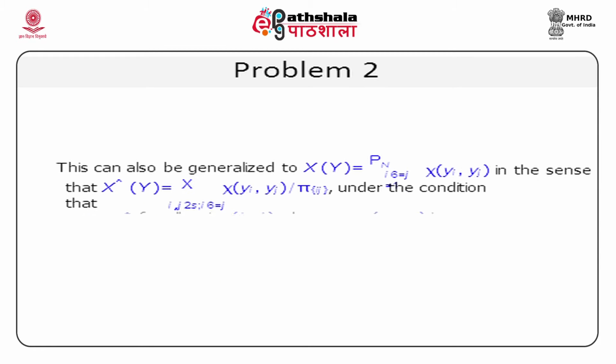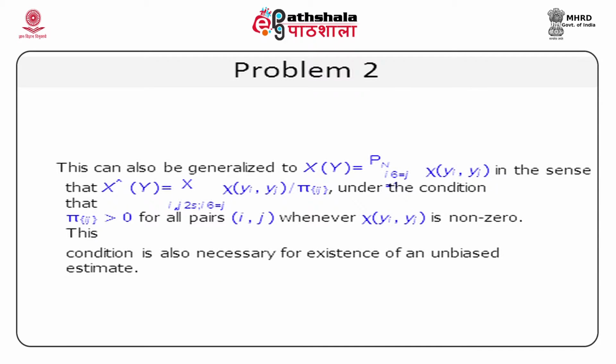Next. This can also be generalized to chi of y, which equals summing over all i's unequal to j, chi of y I y j, in the sense that chi hat y is equal to summing over all sampled units I not equal to j, chi of y I y j divided by pi I j, under the condition that pi I j's are positive for all pairs I j, whenever chi y I y j is non-zero.